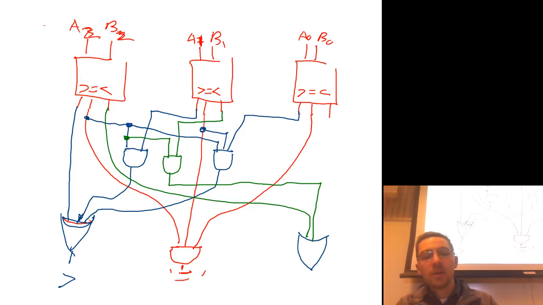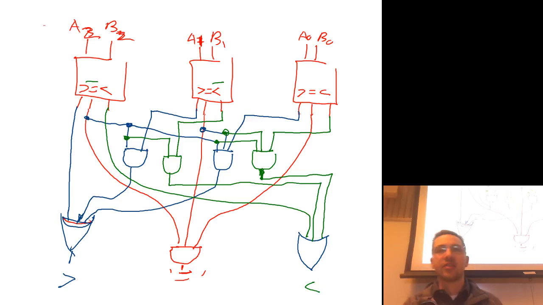So that's one option, right? If the first bit is equal, second bit is less than. Finally, where do I grab it? From here and here. Those are the first two being equal, and then the last one being less than. There's your less than input.